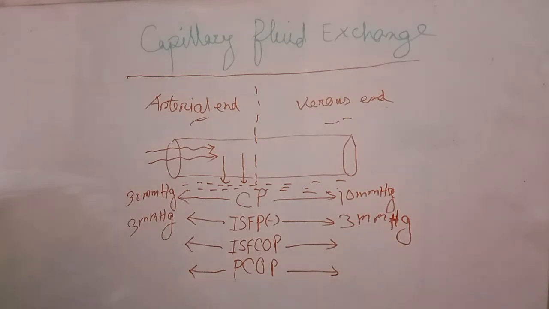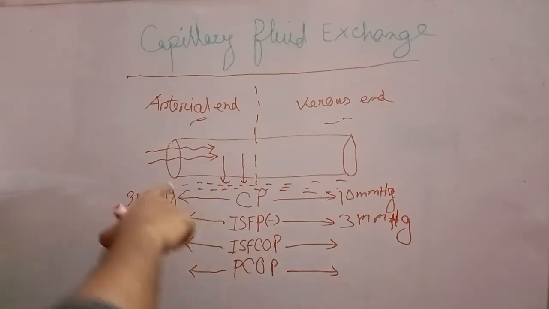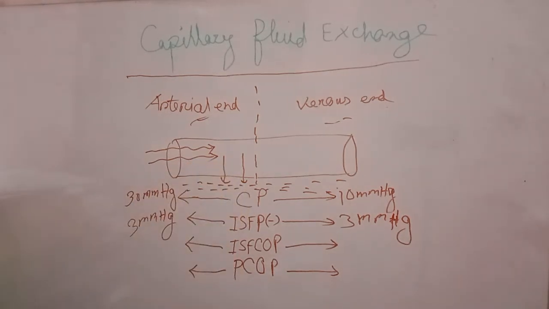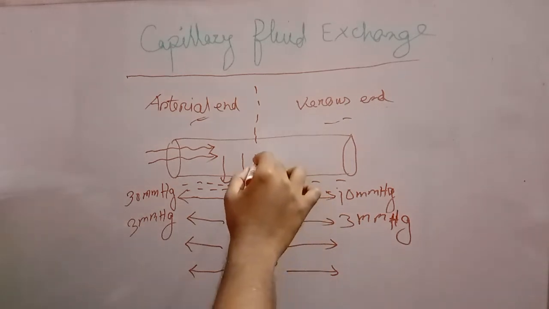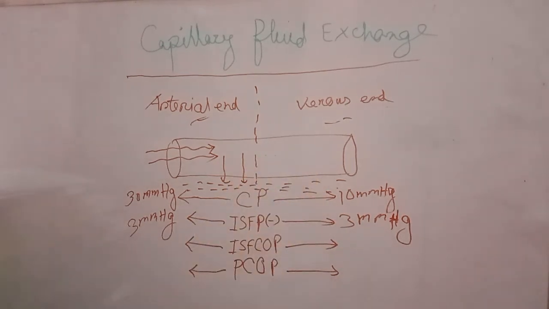Here is another point: plasma colloidal osmotic pressure. As we know, the blood contains plasma protein. The property of protein is that it is a colloid, and the property of a colloid is osmotic pressure. So the plasma colloidal osmotic pressure is the pressure exerted by plasma protein.